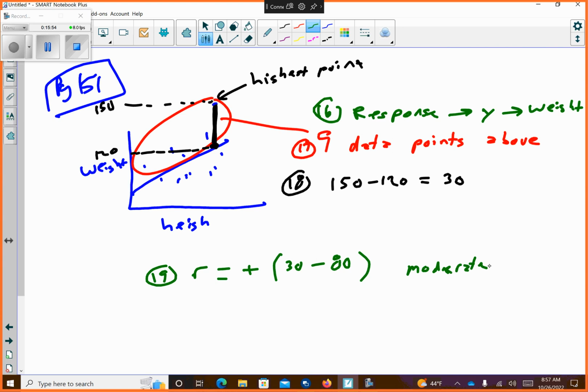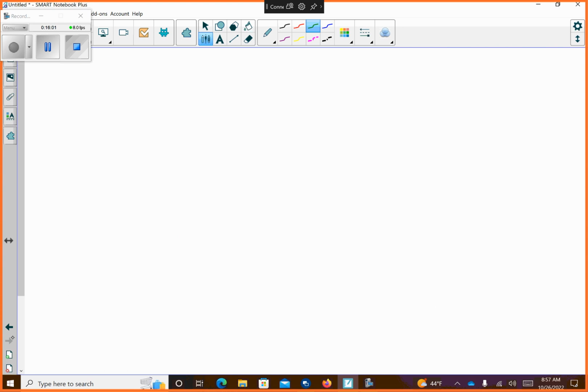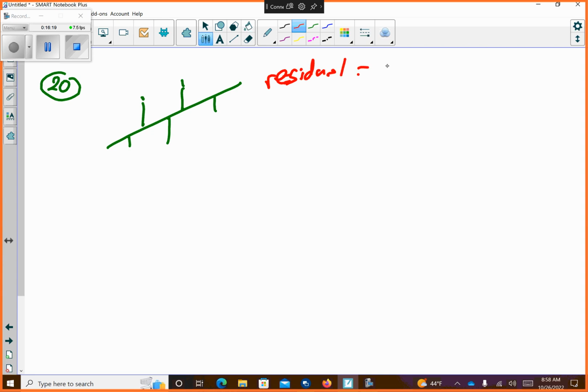And then number 20, is it possible for the scatter plot to exist in which every residual value is 0? What do you think? The residual, remember, is this. It's the distance above and below the line that we are. So do you think I could get the residual value to be equal to 0?